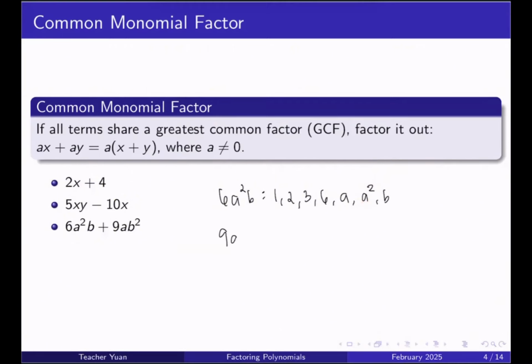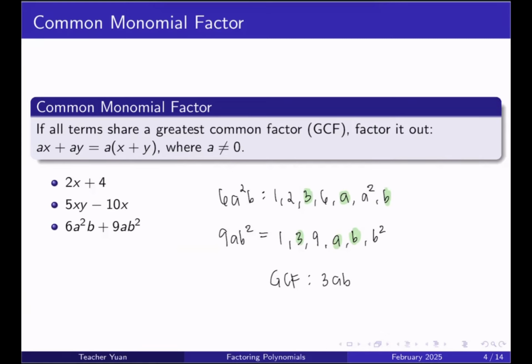For the second one, we have 1, 3, 9, a, b, and b squared. So now we just get their greatest common factor for both the numerical coefficient and the literal coefficient, which is the variable. In this case, 3 and a, b, since both of them contain a and b. So our GCF is 3ab.